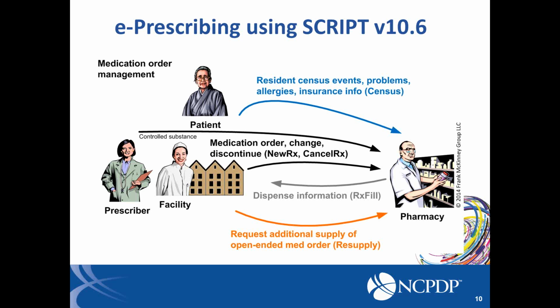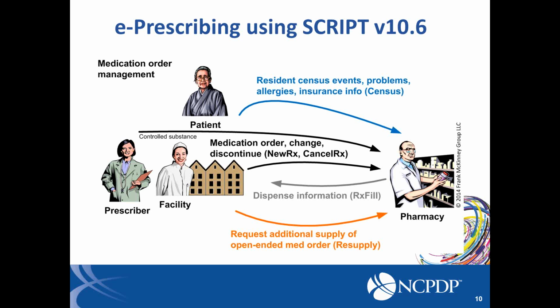It's called the RxFill message. That's going to have dispensing information about exactly how the order was processed within the pharmacy. So in the event of a generic substitution or possibly a therapeutic interchange, the pharmacy is going to electronically notify the facility exactly what medication is being dispensed and what the directions are going to be for that order specific to the product that was being dispensed.